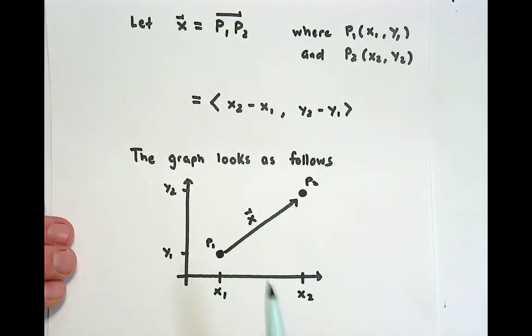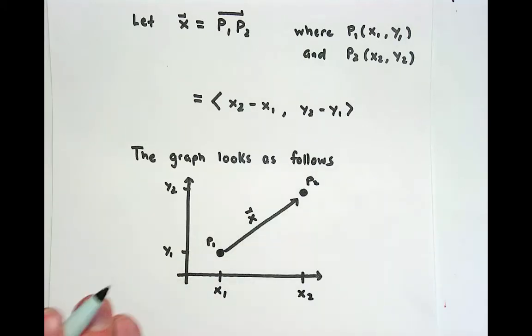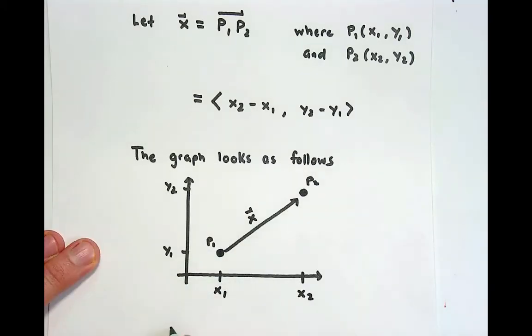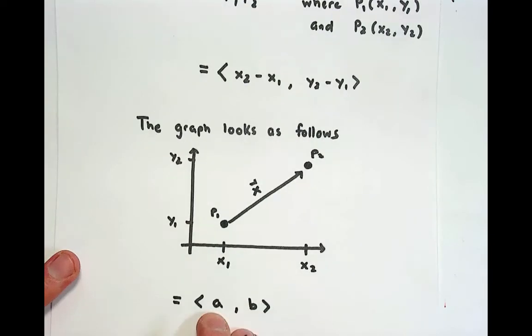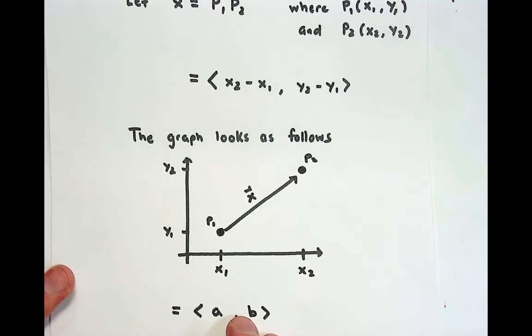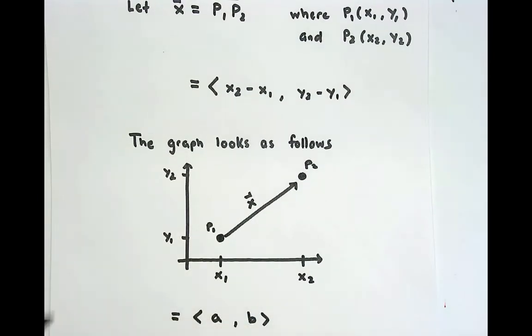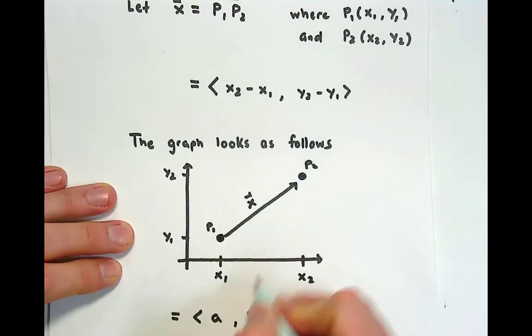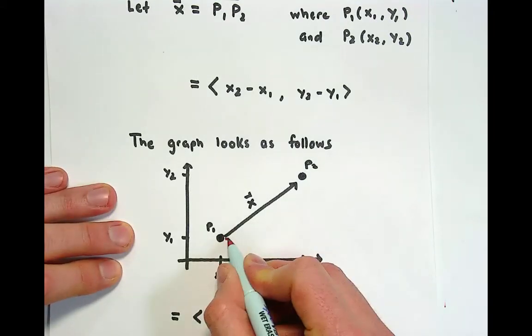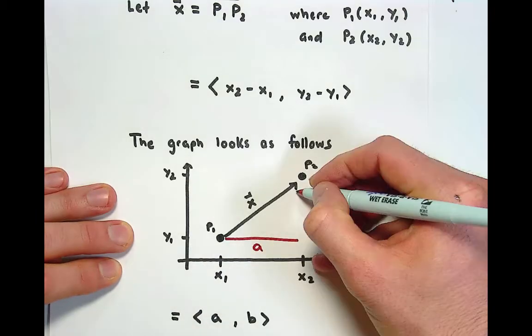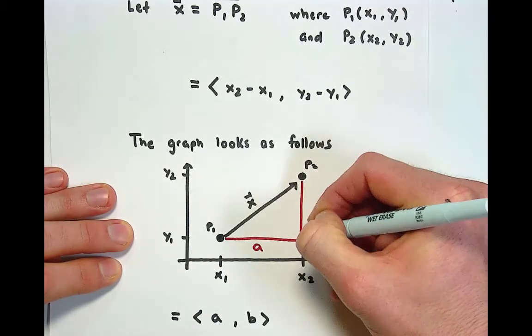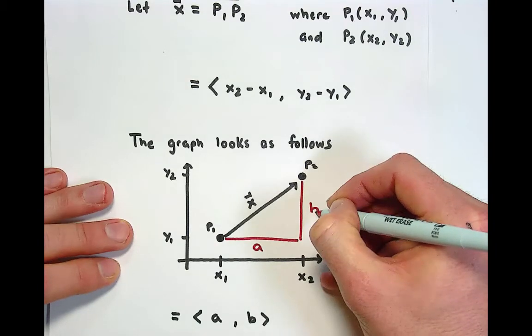So the direction here, we could call this direction A, comma B. For every A units you go over, you go B units up. And this should look something like a slope, because that's exactly what it is. The slope is B over A. So here we go A units over, and we go B units up.